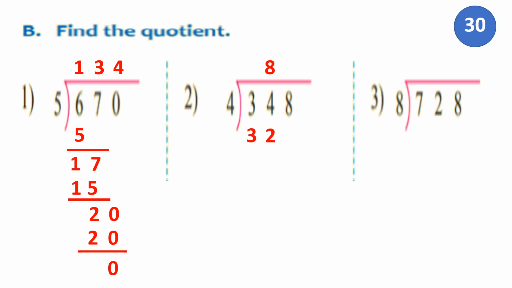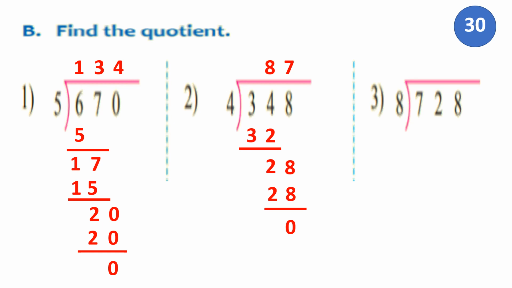Then you subtract. 34 minus 32 is 2. Correct, students? Then you bring down the next number here, becomes 28. 28 divided by 4 is 7. 7 times 4 is 28. Then you subtract, students. 28 minus 28 is 0. The answer is 87. Correct, students?